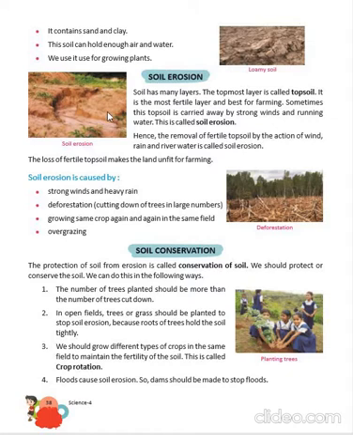Now children, let's understand what is soil erosion. We know that soil has many layers. The topmost layer is called the topsoil, which is the most fertile layer and it is best for farming.